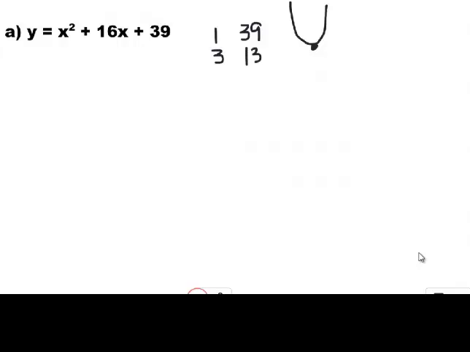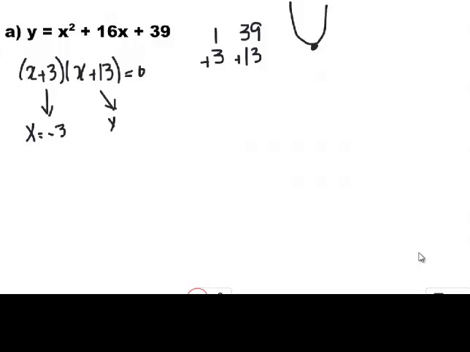Since the sum is plus 16, I can have plus 13 and plus 3, because plus 13 times plus 3 gives me 39, and plus 13 plus 3 gives me 16. So I can write this one as x plus 3 times x plus 13, and because we have to find the zeros, I make this one equal to 0. So there are two solutions: either x plus 3 is equal to 0, so x is negative 3, or x plus 13 is 0, so x is negative 13.